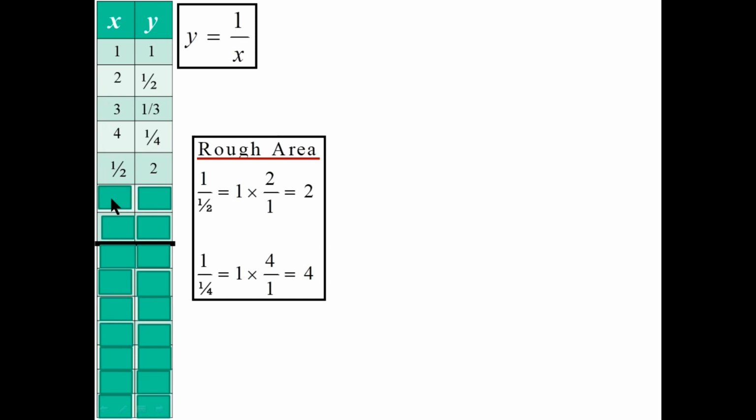We could put a third in for x. This is just a function machine. We could feed it a 1/3 value, and 1 over a third is 3. We could feed it a quarter, and 1 over a quarter is 4. And I did this one here as well. 1 over a quarter, 1 times, invert the quarter, you got 4 over 1, so it's 1 times 4, which is 4. So all of these points are going on our graph.